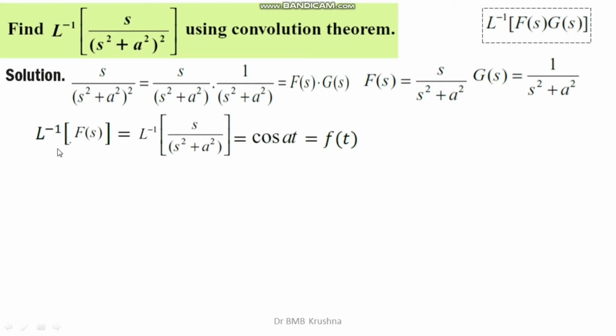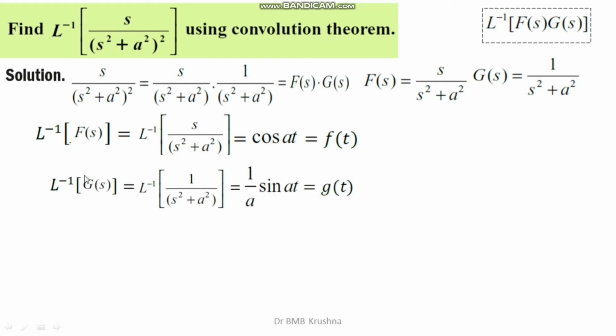L inverse of F(s), that is L inverse of s by s square plus a square, is cosine at. L inverse of F(s) is f(t). Therefore, f(t) is cosine at.